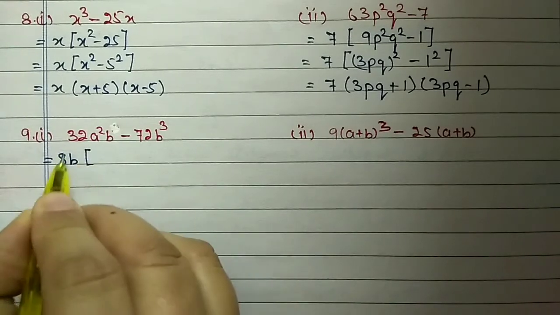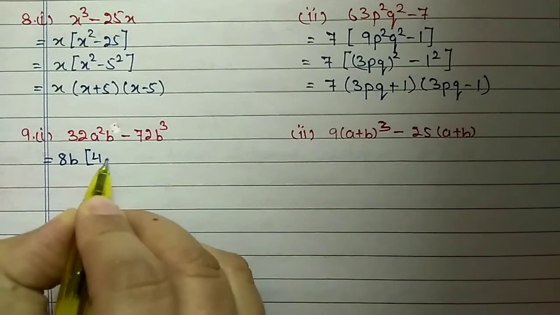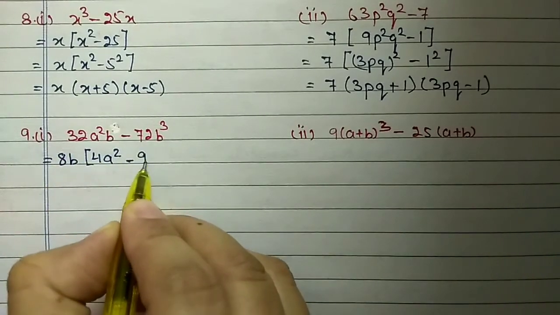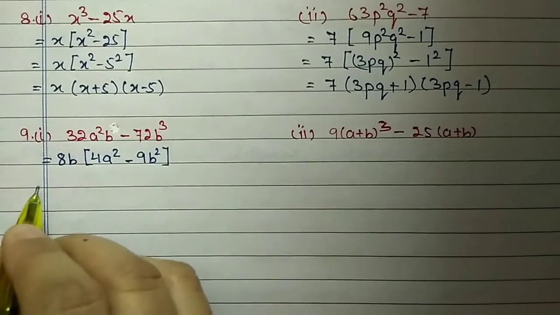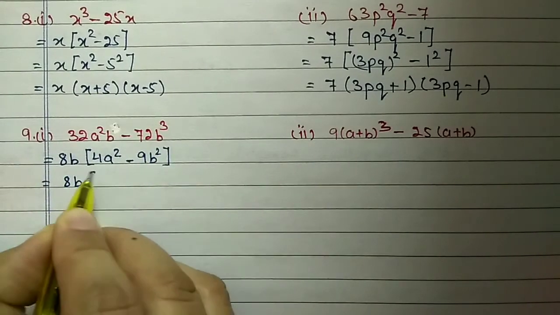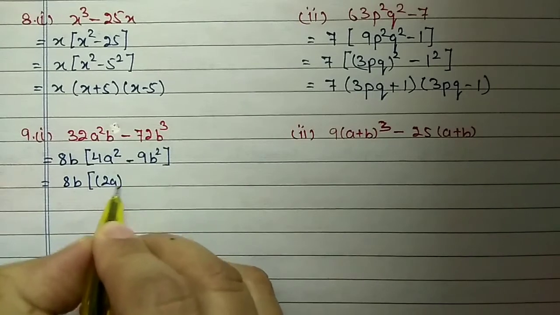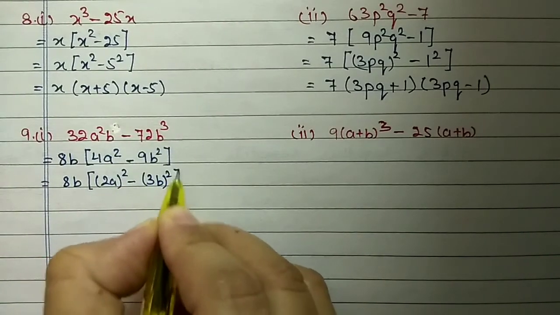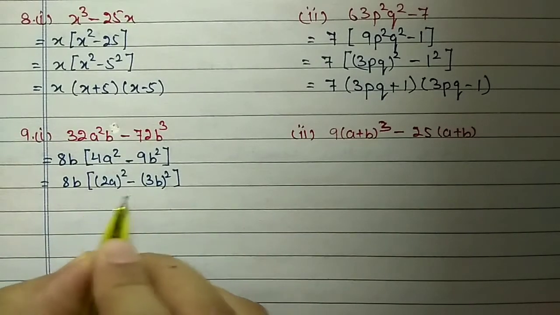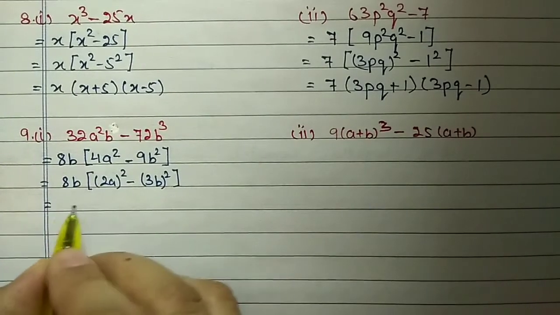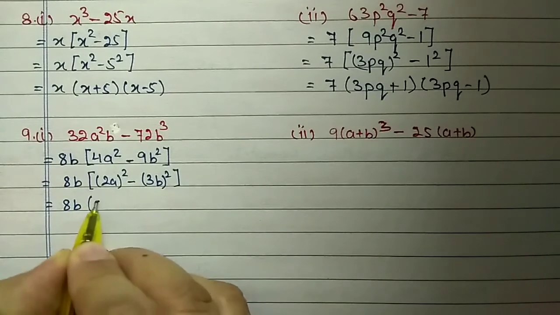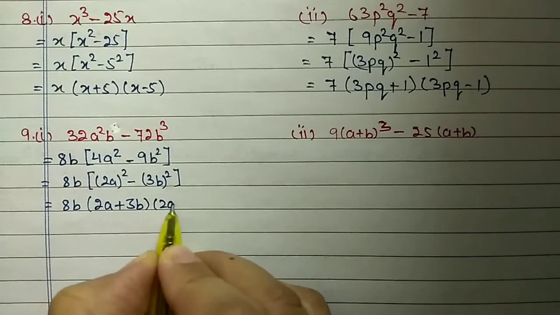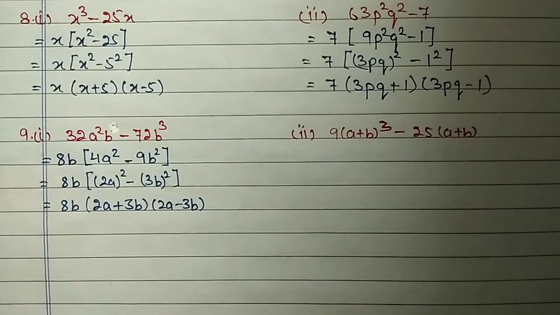So inside the bracket we have 4a² − 9b². Now 4a² you can write as (2a)², and 9b² as (3b)². Now a² − b², we can use the property (a + b)(a − b). So (2a + 3b), another bracket (2a − 3b).